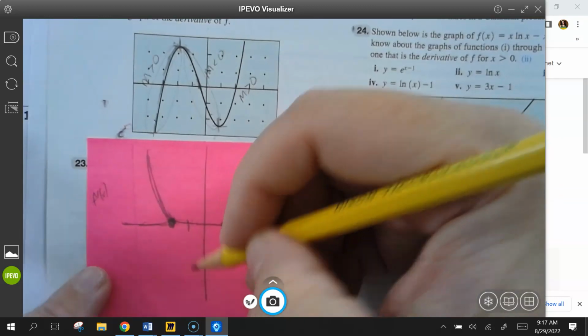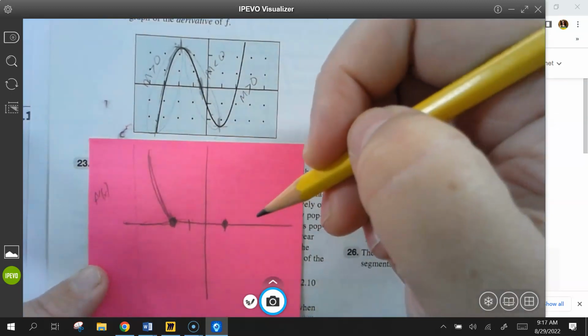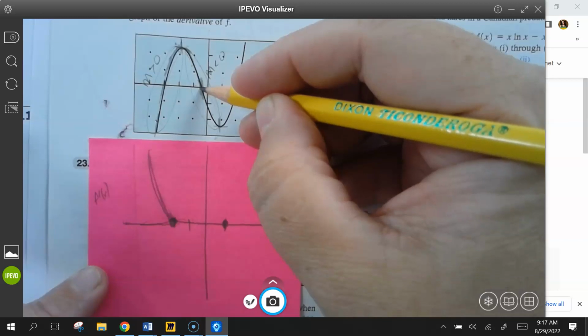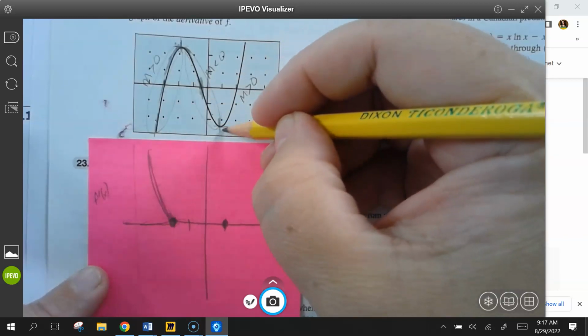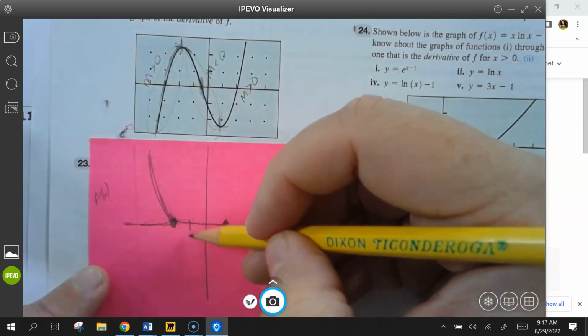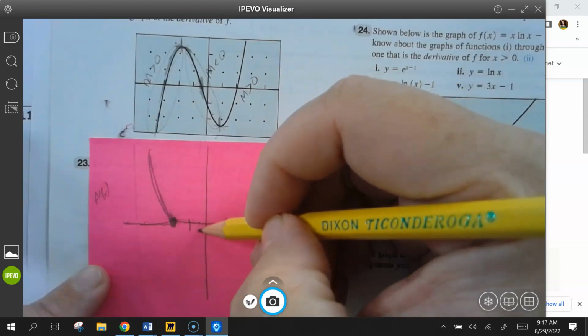Does that make sense to you? It's right around there, I would say. Do you see why? That's the steepest that line goes. Then it starts evening back out to 0. So if it's the steepest, it's going to go down. We're going to say that's about right here.